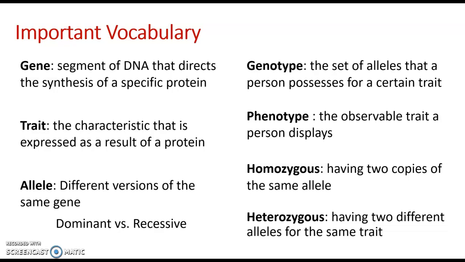Then we have the trait, which is the characteristic that is expressed as a result of that protein, as a result of that gene. A new vocabulary term that we might not know yet is allele, and these are different versions of the same gene.